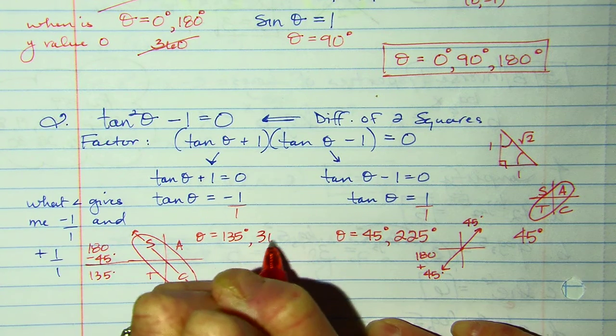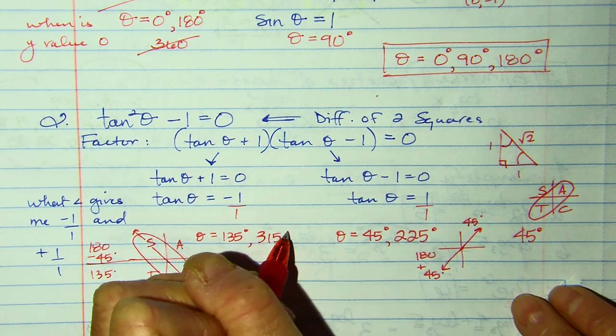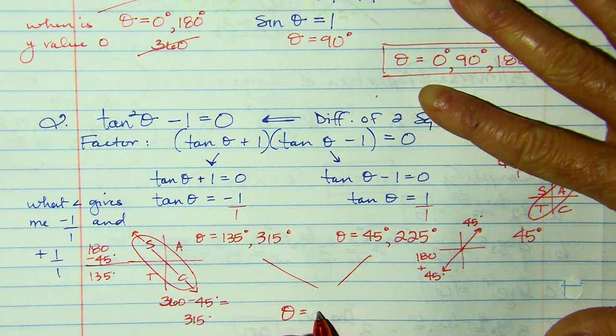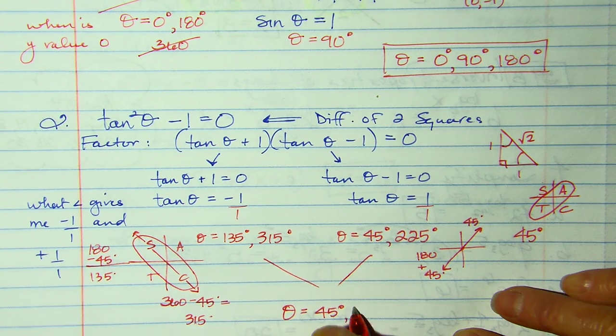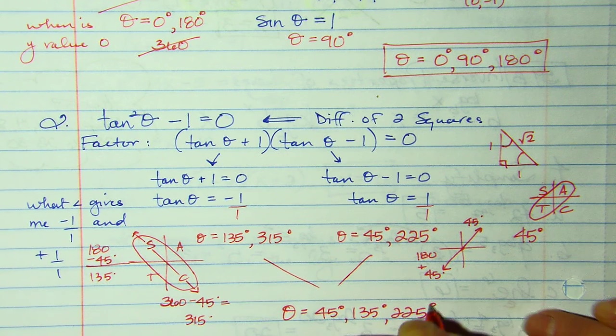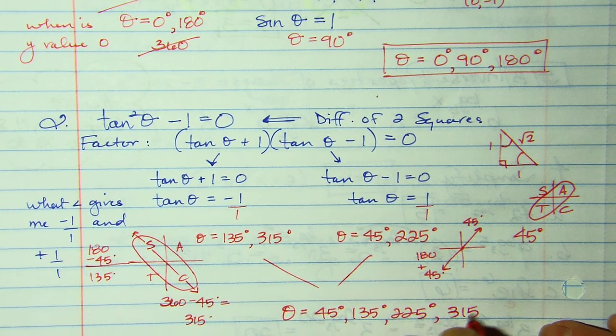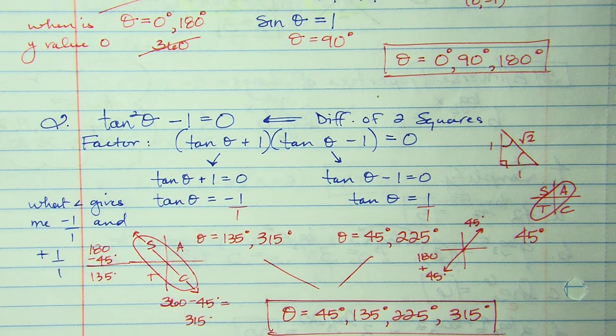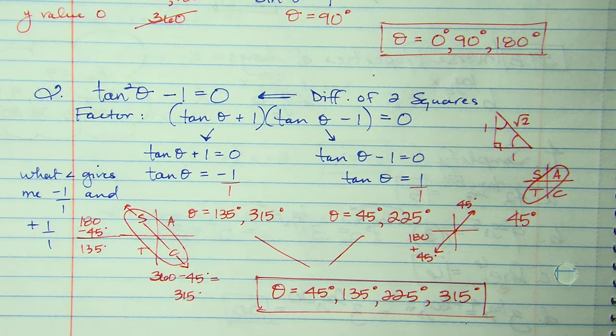So there is the solution there. So I'm going to write these all together. Theta equals 45 degrees, 135 degrees, 225 degrees, and 315 degrees. So those are the 4 solutions for this equation.